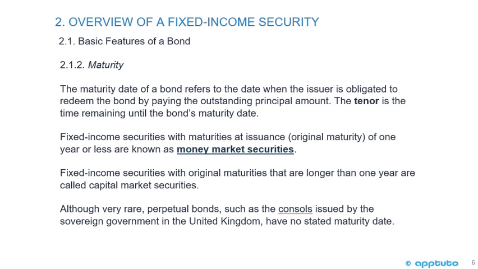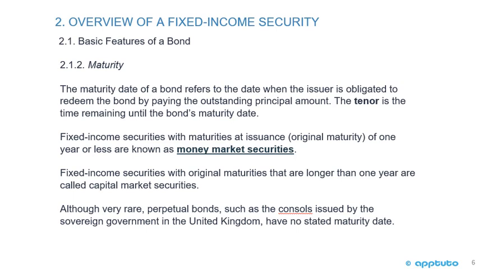Fixed income securities with maturities at issuance, original maturity, of 1 year or less are known as money market securities. That's important: 1 year or less is money market. Fixed income securities with original maturities longer than 1 year are called capital market securities. Although very rare, perpetual bonds such as the consols issued by the sovereign government in the United Kingdom have no stated maturity date.